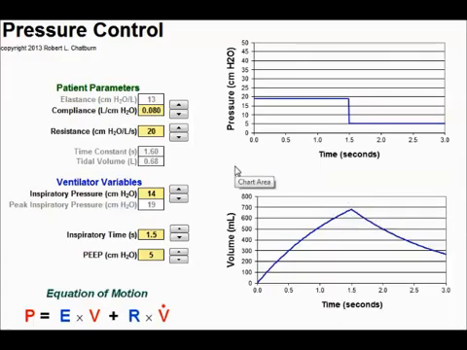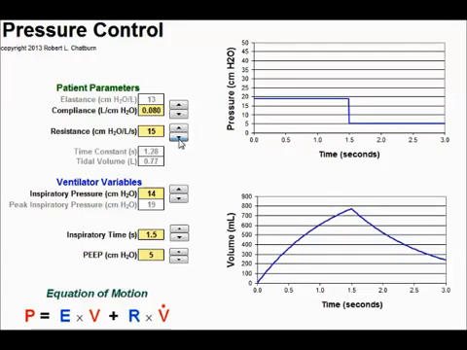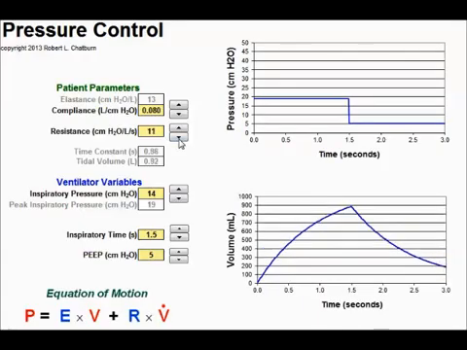Now what happens, say the resistance gets better, there's less airway obstruction, and I'm just going to decrease this resistance by 10. So we have a resistance of 10 now, pretty much normal airway resistance within the tracheal tube. As you notice, my pressure stayed constant. However, my tidal volume increased dramatically.